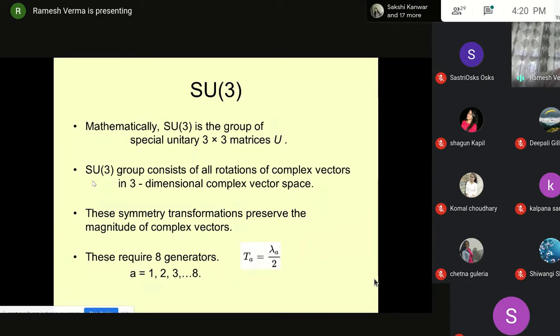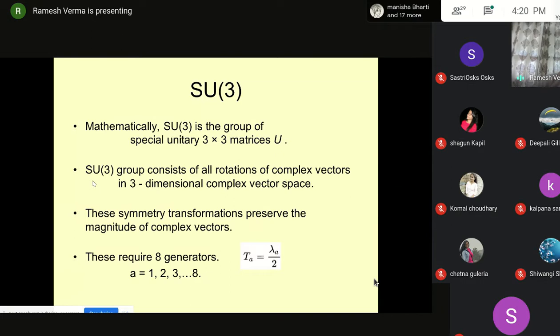But incidentally, here the number of generators required is 8. It's not a difficult thing. Just remember that we have imposed 2 conditions: a unitarity condition on U, as well as its determinant being 1. I can leave it as an exercise to see why we need only 8.